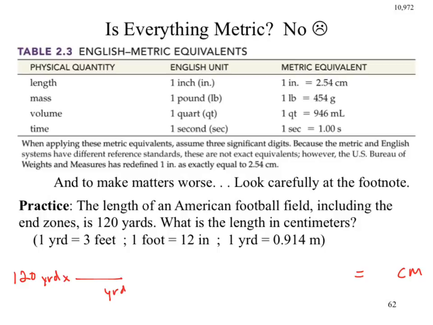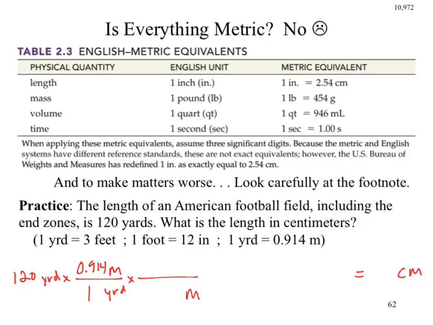So they got yards down here and said, well, I can't directly convert to centimeters. Fair game. What did they decide to convert to? Meters. Where did they get that conversion from? It's given to you. So 1 goes in front of the yards, the 0.914 goes in front of meters. We're now in the meter unit.